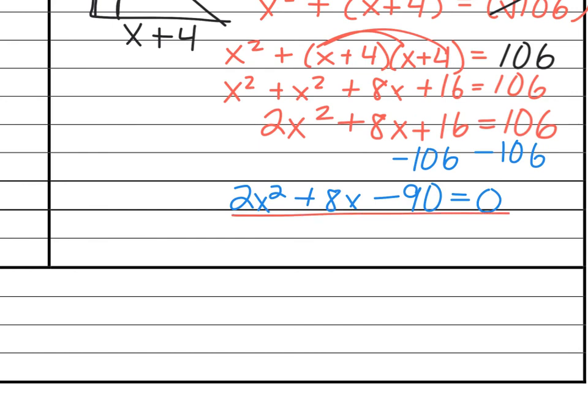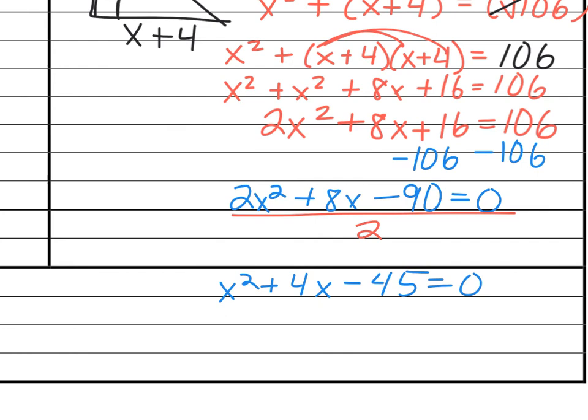Since it's an equation, you can just divide it out. Divide everything by 2, so we get a nicer equation of x squared plus 4x minus 45 is equal to 0. Now that should be a nice one to solve.